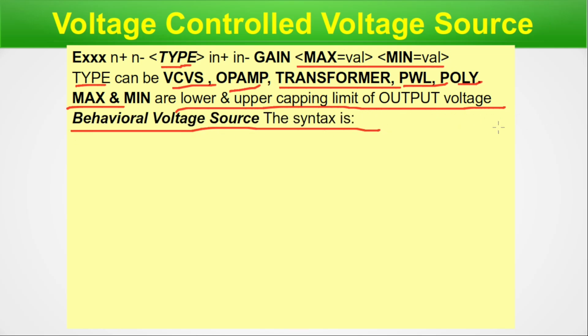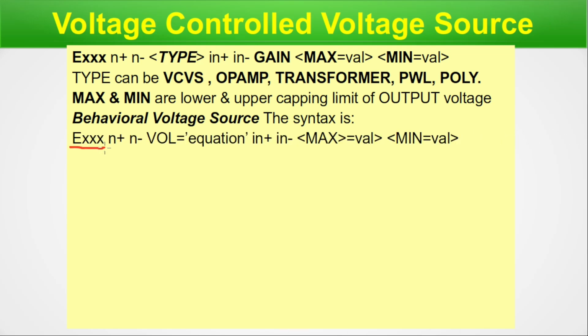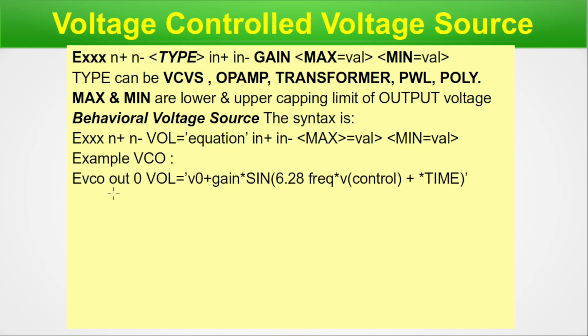Behavioral voltage source syntax is E, then XXX, then we have plus N and minus N, right? These two nodes, then volume, then equation. Then again we have the two nodes in between which the voltage is connected, then max value, mean value. Example, VCO. We have EVCO, which is connected in between two nodes, and the equation is like this.